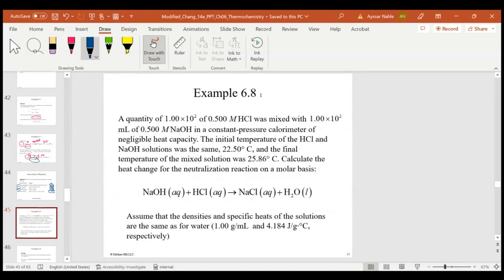Now, this is one other example. A quantity of whatever grams, whatever milliliters of whatever molar concentration of the acid.